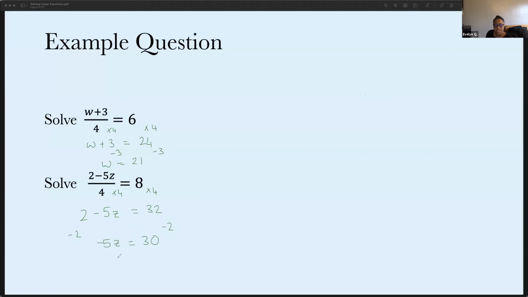And then the last thing to do is to divide by minus 5 on both sides because I want to get z by itself. So z equals 30 divided by minus 5. Now 30 divided by minus 5 gives me minus 6. So z equals minus 6. So brilliant. Well done for everyone who got this one.